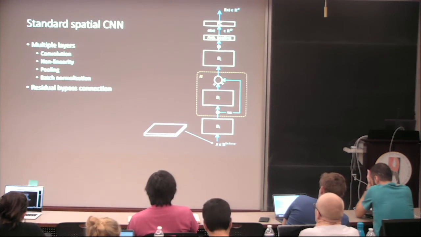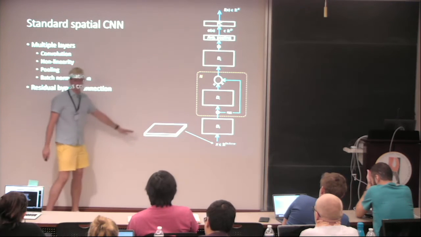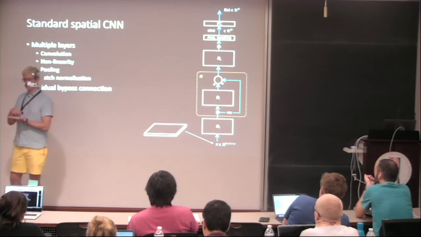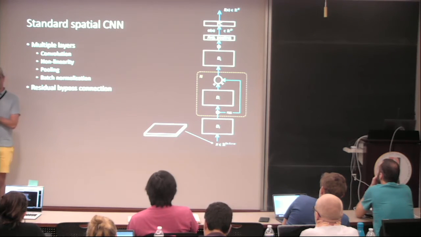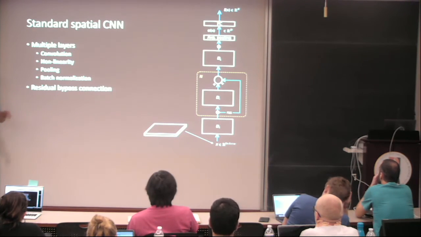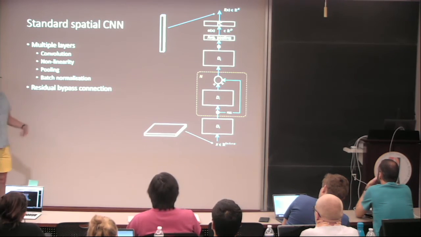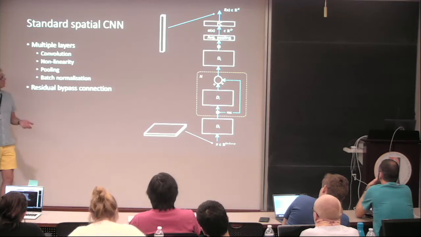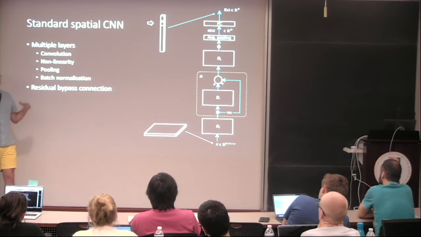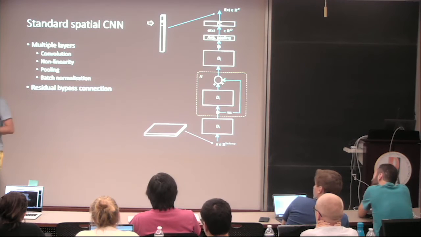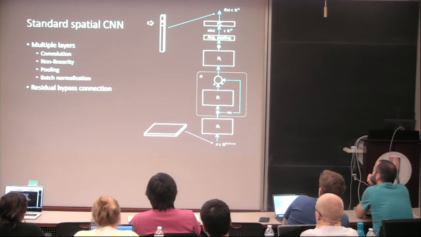Actually, let's see how it works. In here, I provide my image at the bottom. It's like a 3-layer image, because it's RGB layers and has spatial dimensionality too. And at the end, I have something that is more of a vector, where each element may be telling me the likelihood of observing a specific category if we are doing classification, as we have seen yesterday.